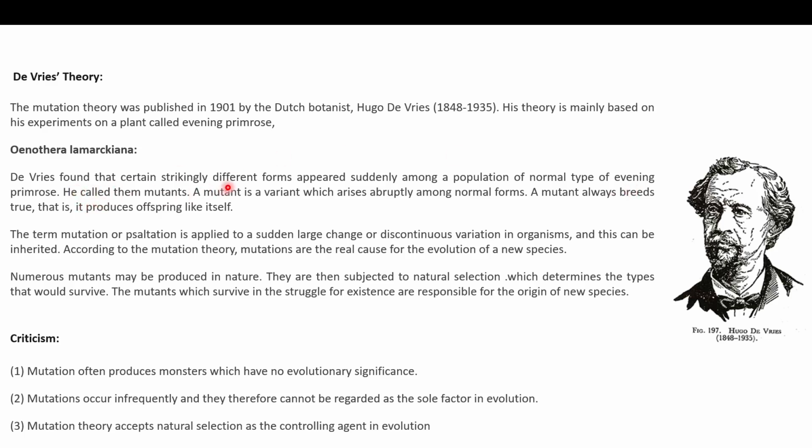These different forms he called mutants, and a mutant is a variant which arises abruptly among normal forms. A mutant always breeds true, that is, it produces offspring like itself.